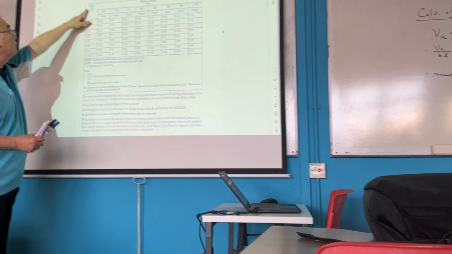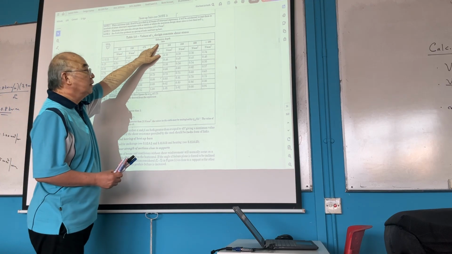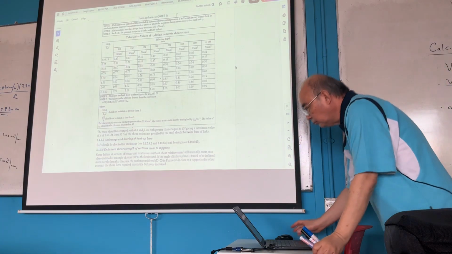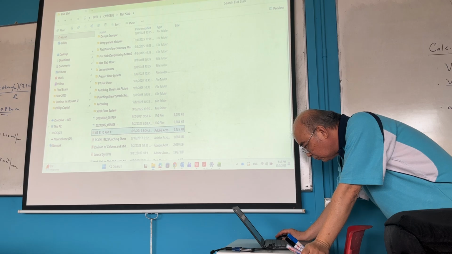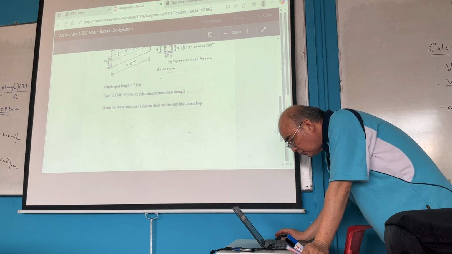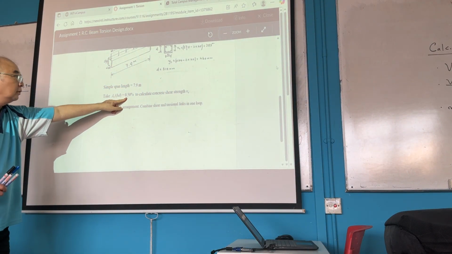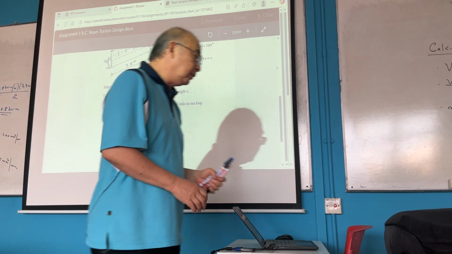With this table, you have to find out the reinforcement ratio and also the D. That's why here I give you the reinforcement ratio of 0.5%, and D is 310.